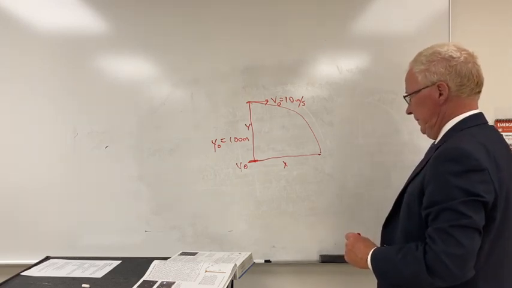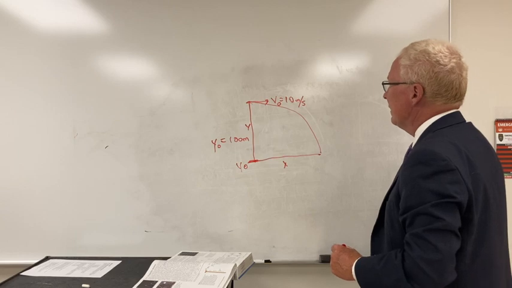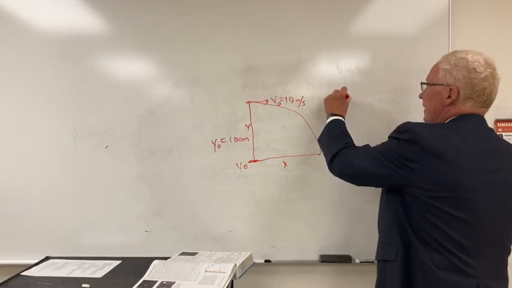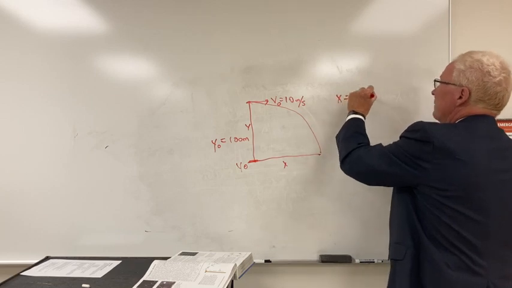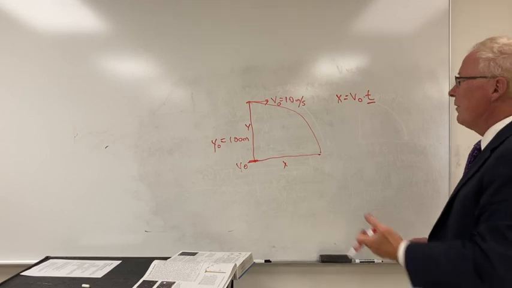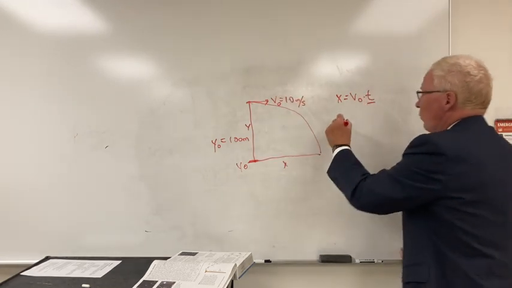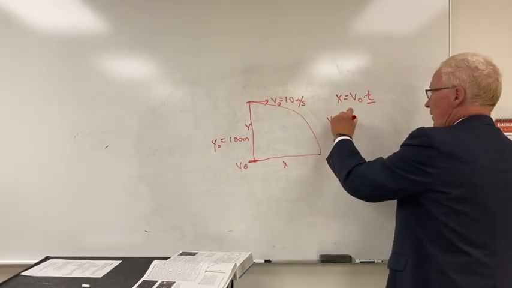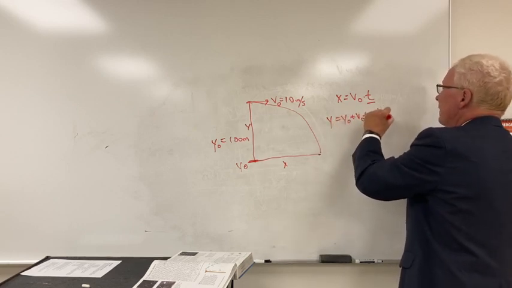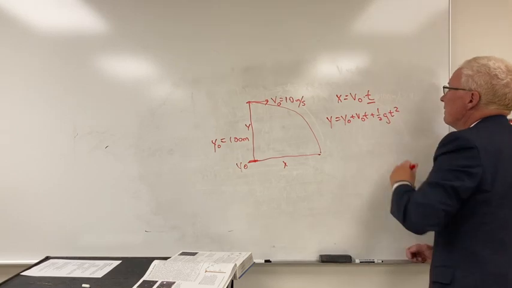Okay. So where does it land? That's a good question. To be able to find X, we have V0, but we need to find the time. So how do we find the time? Well, we find that for how long it takes. Y is given by Y0 plus V0 t plus 1/2 GT squared.